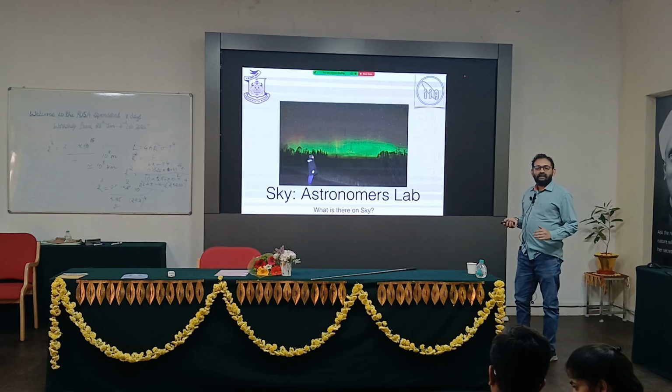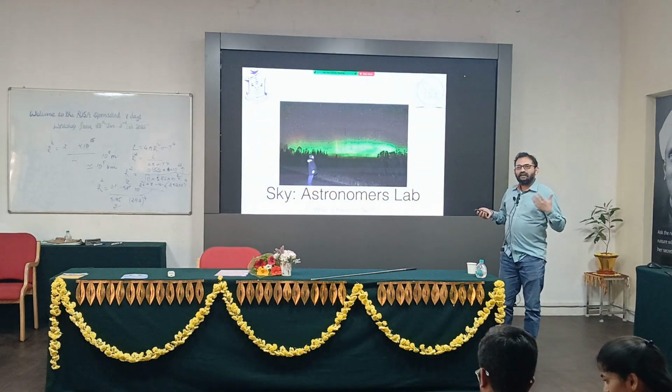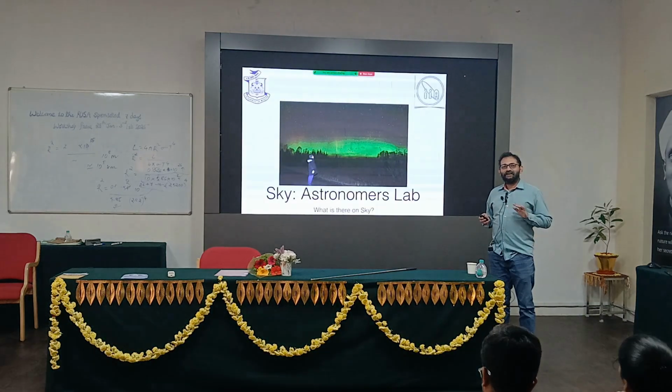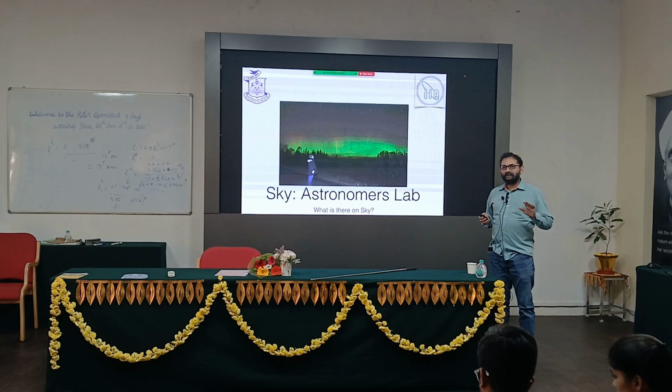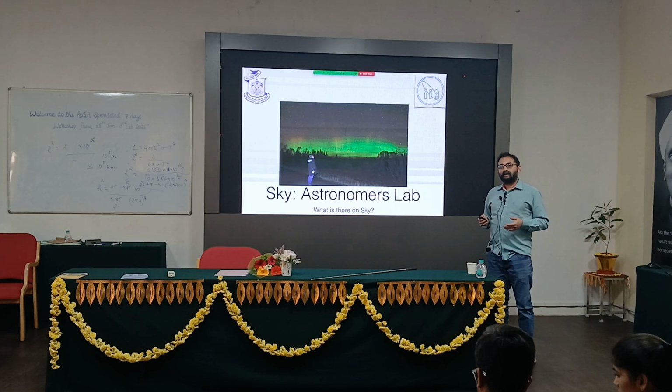Some of you may know aurora, but how it happens is something like this: Earth has magnetic fields, and it is well structured, so Earth can protect itself from damage caused by our host Sun. Very energetic particles come over there, which we cannot take.